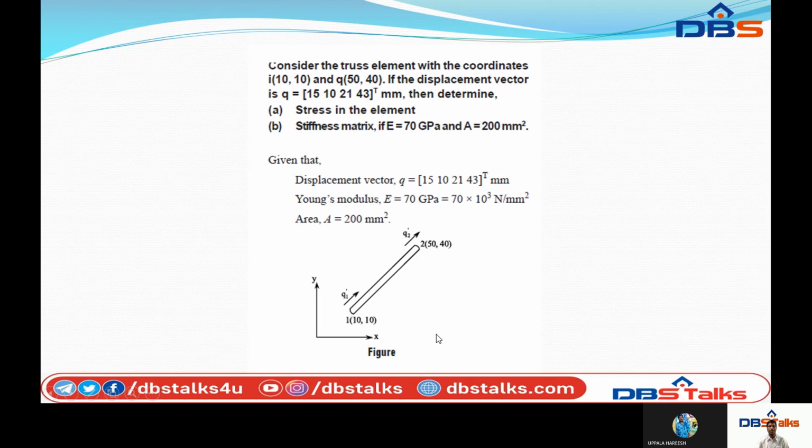First of all, I am representing the given coordinate points in the local coordinate system. I take the origin x and y, then write the node points I and Q as 1 and 2. X is the origin and y passes through the points from node 1 to 2. Node 1 has coordinate points 10, 10. Node 2 has the points 50, 40.